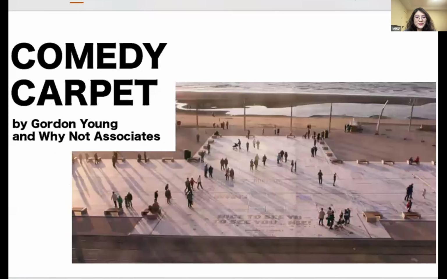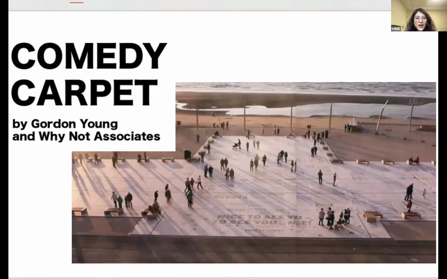Well, let's see a case. Well, this is the case. It's from, I guess, maybe 2011. This case is called Comedy Carpet, and it's created by the designer Gordon Young and design studio Why Not Associates.